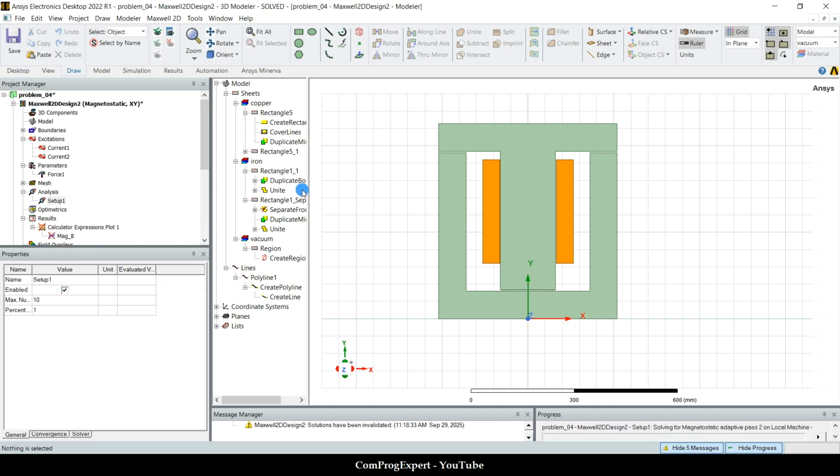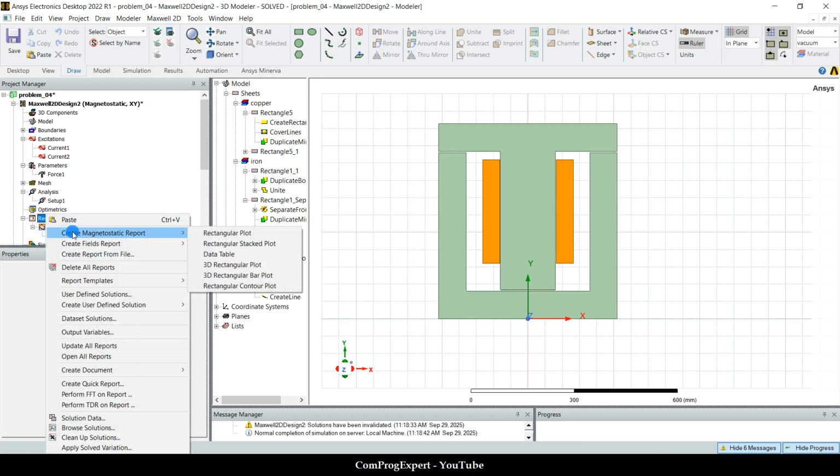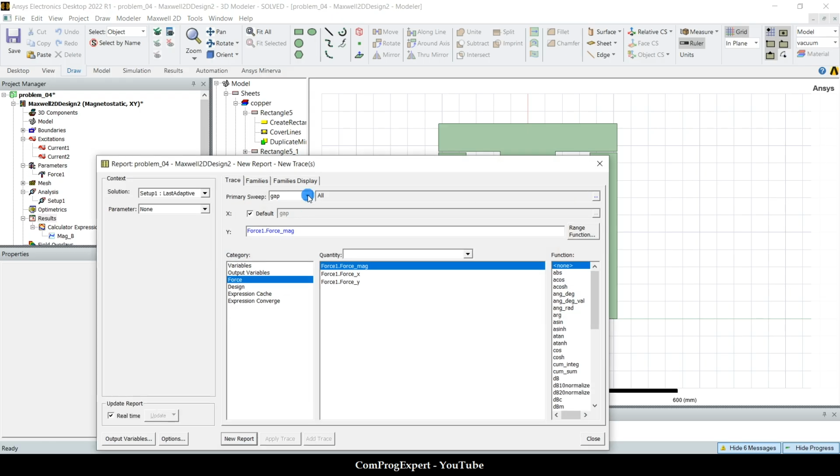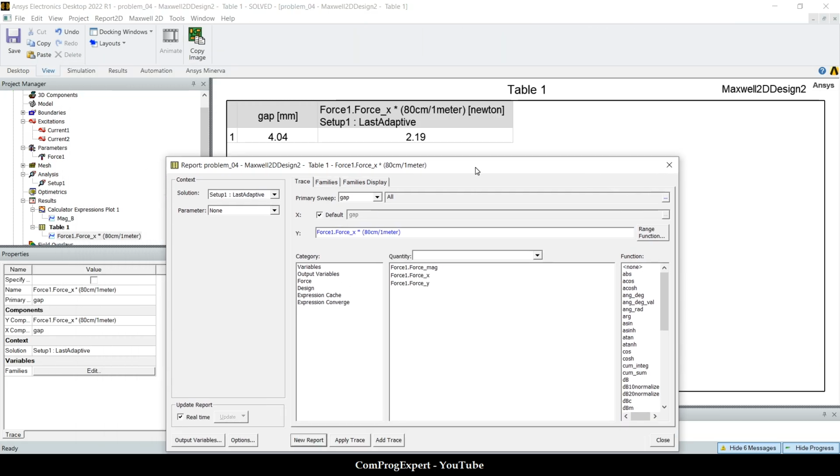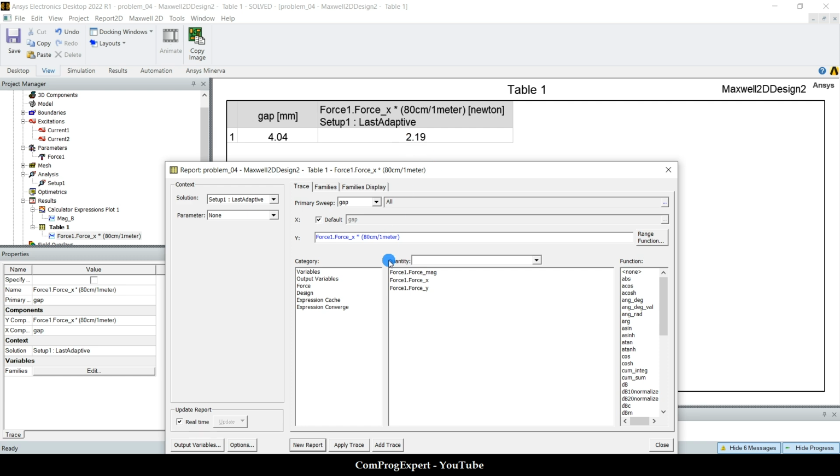I am going to calculate the force using ANSYS Maxwell and compare. So magnetostatic report, data table, the Fx and Fy. So we should multiply by the depth of the problem, 1 meter. So this is Fx. The value is very low, right?